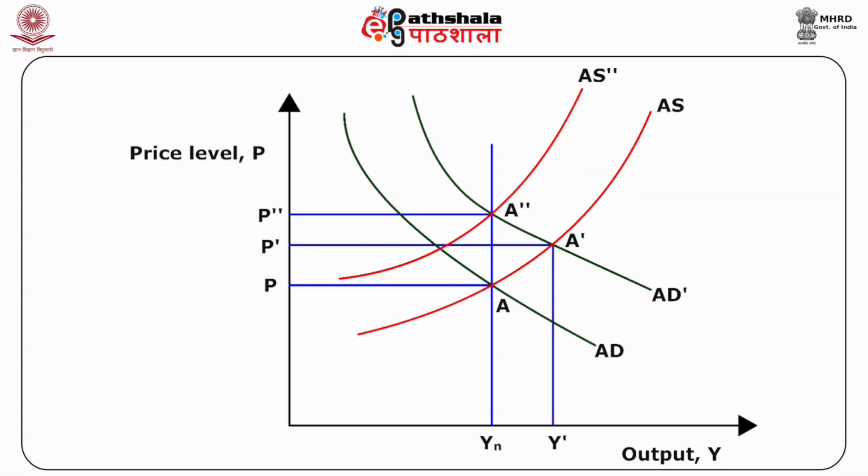In the short run, the economy moves from point A to A dash along the original AS curve. Output increases from Yn to Y dash and price level increases from P to P dash.